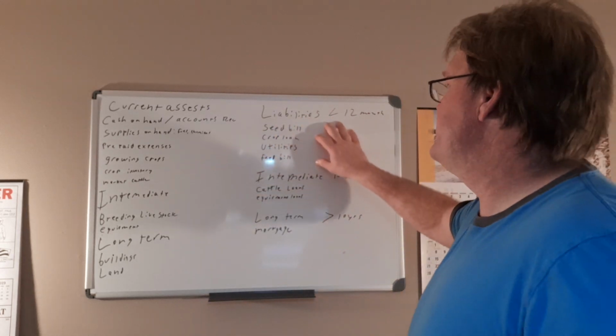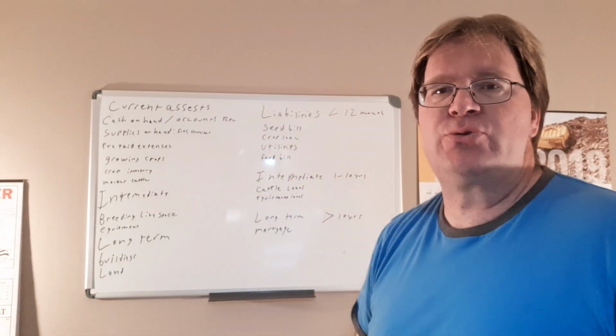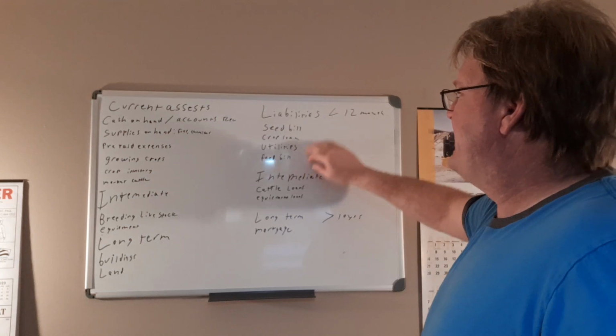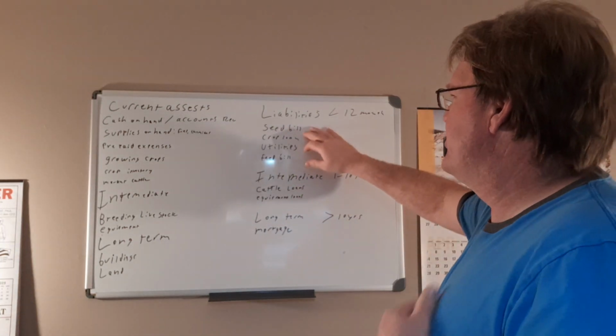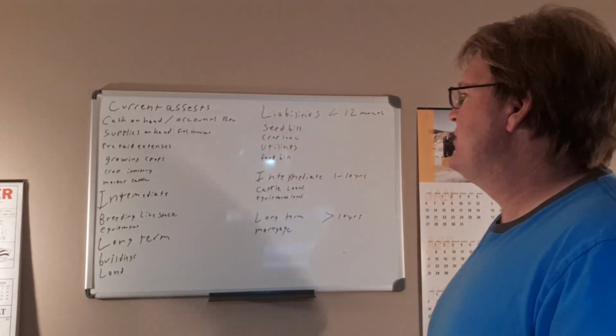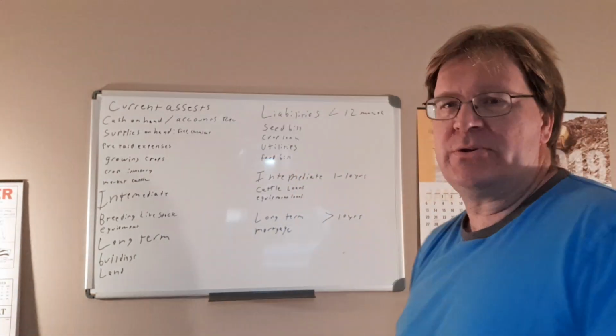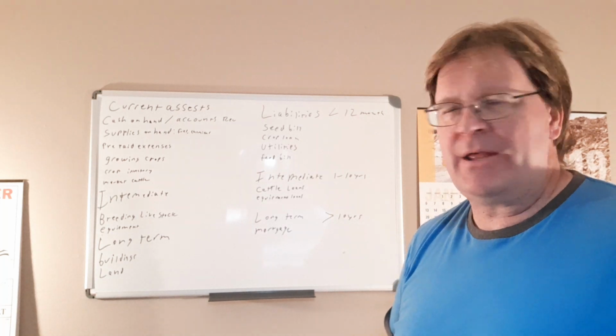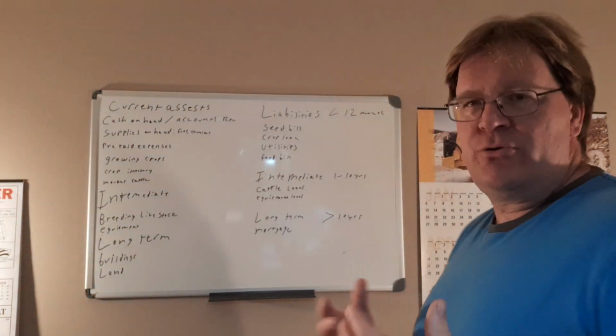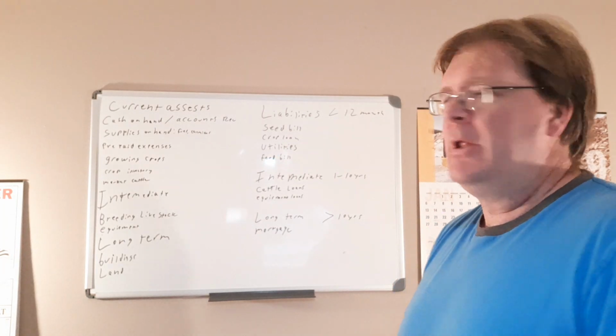Then on your liability side, things that are due in the 12-month period, kind of operating the farm. Your seed and crop loans, utilities and feed bills and things like that. Just your day-to-day operating that you owe money to people.